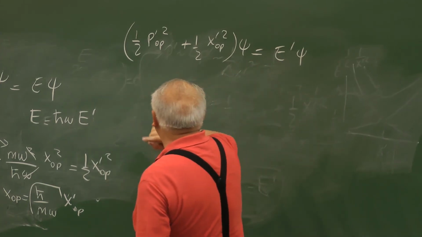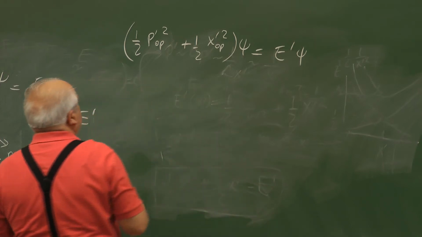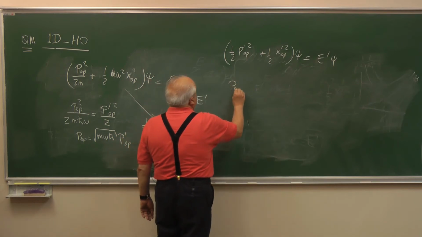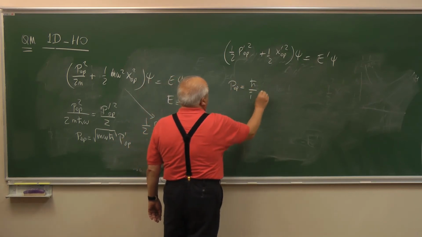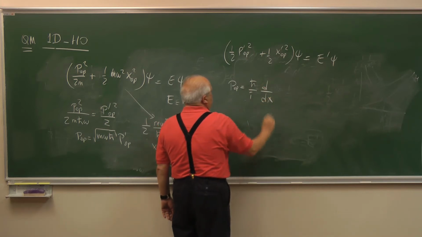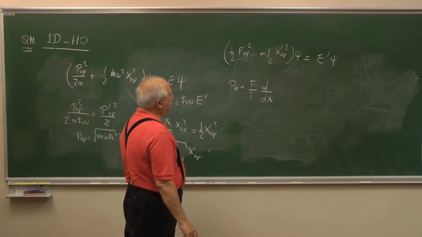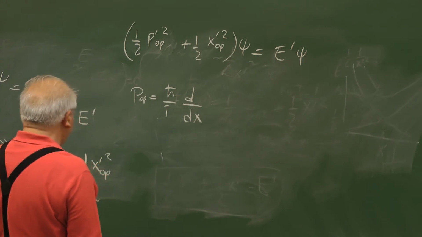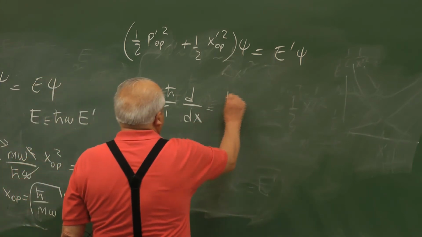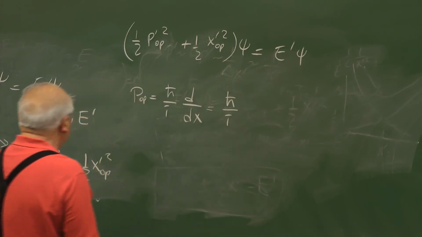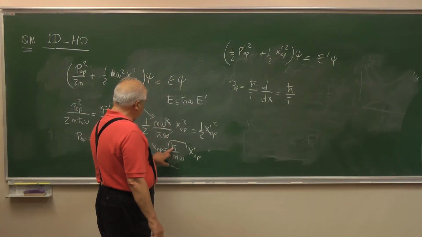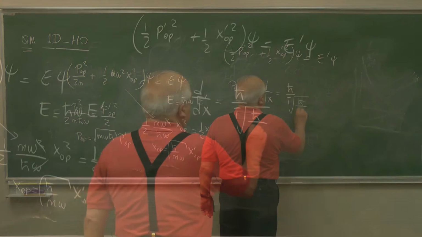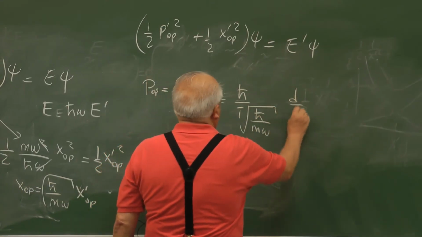Everything is dimensionless here. And what about the P prime operator? The P operator is h bar over i d by dx. Since it's one-dimensional, we can use this derivative. And this is h bar over i times root m omega over h bar, d by dx prime.